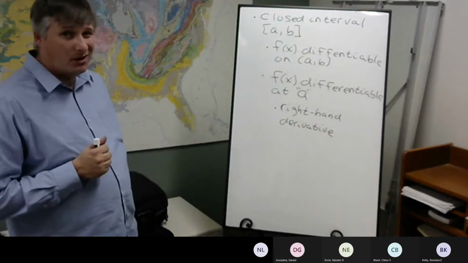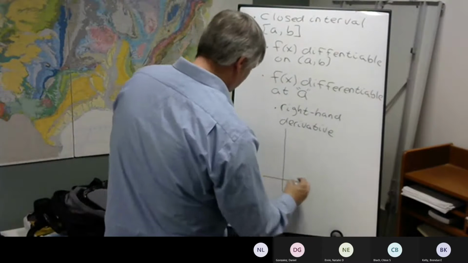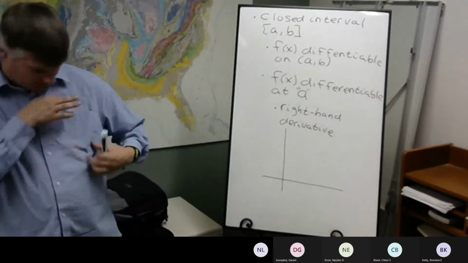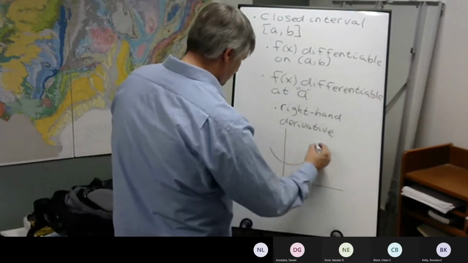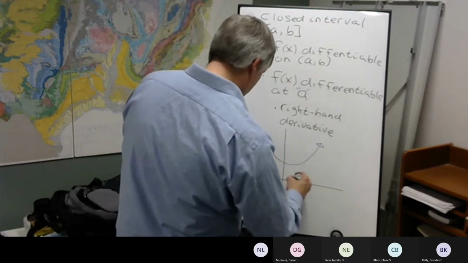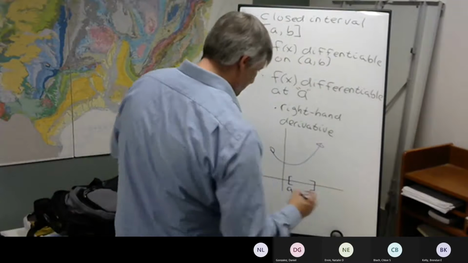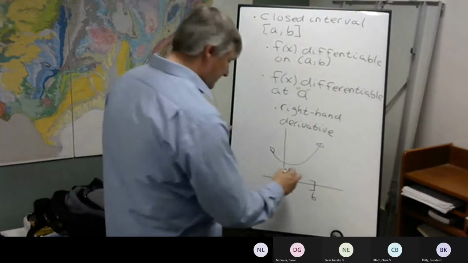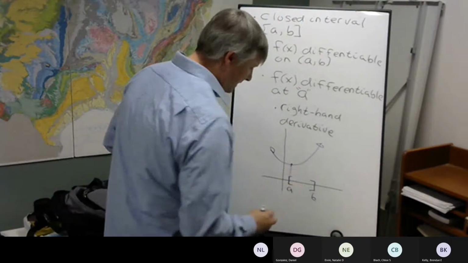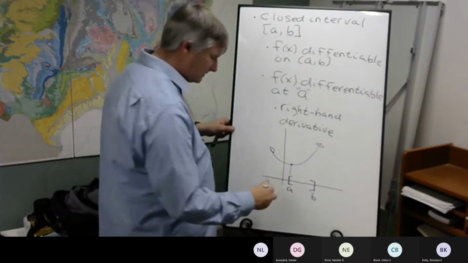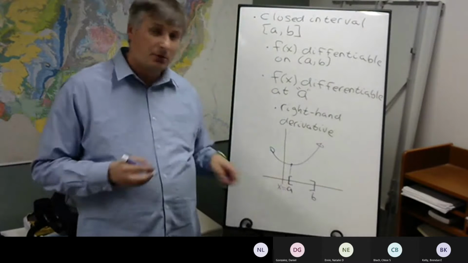And the reason we're going to call this a right-hand derivative, so we want to find the derivative at x equals a. I'm going to emphasize that we want to find the derivative at this point.